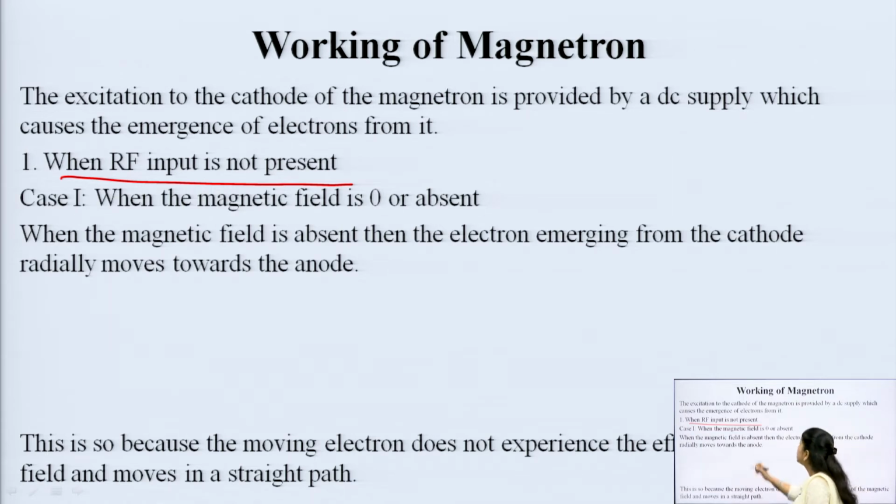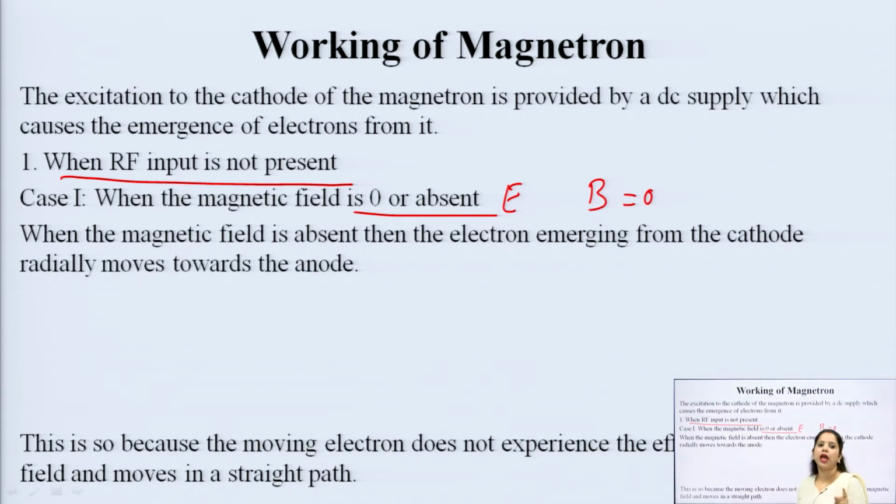When the magnetic field is 0 or absent. The first case: if the cathode is generating the electrons, then we already assume that an electric field is existing. But here we are considering that the magnetic field is not existing, that is, E is existing but B is considered to be 0.